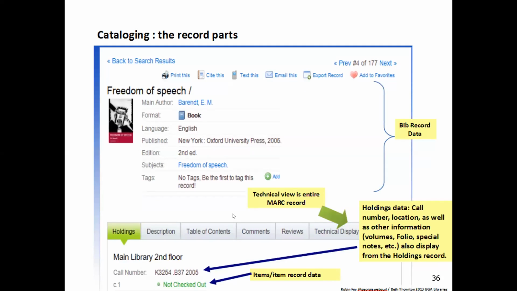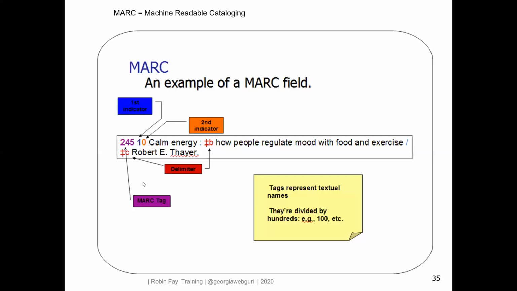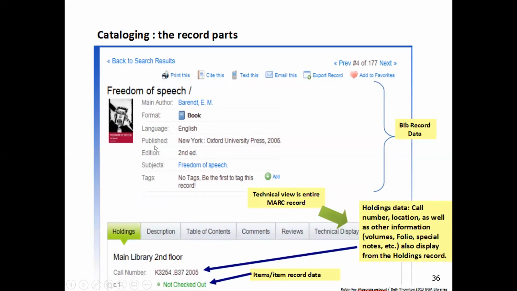So here's the example of what it looks like when you see it on the public side. And you remember I said our ILSs have to make things pretty. So there's our title. They made that nice and big, kind of making that nice and bold. They put a little book jacket in there. They've taken these MARC tags here, and they've turned it into just language.